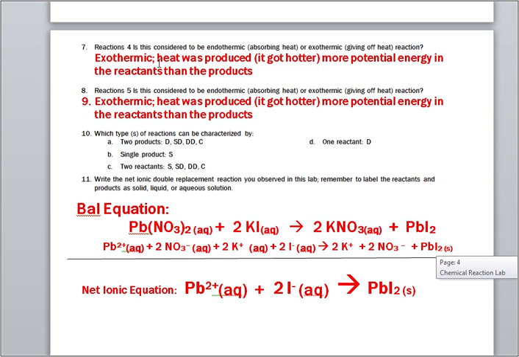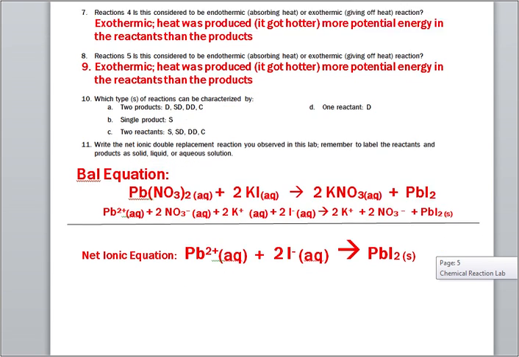In the candle wax, right? So the products have less potential energy than the reactants. Same thing with number 5, okay? Number 5 was burning the magnesium. Both those reactions are exothermic, okay?